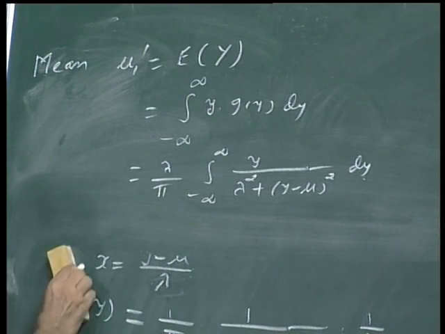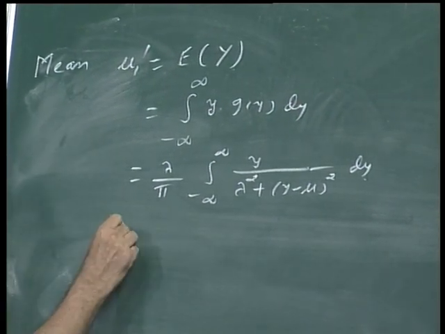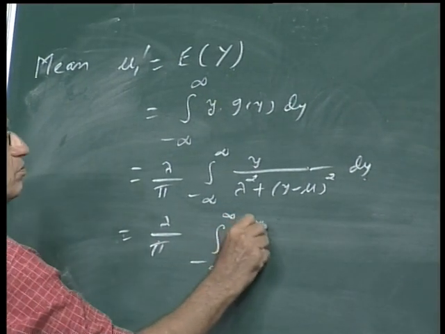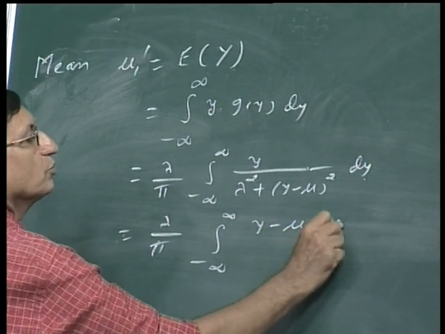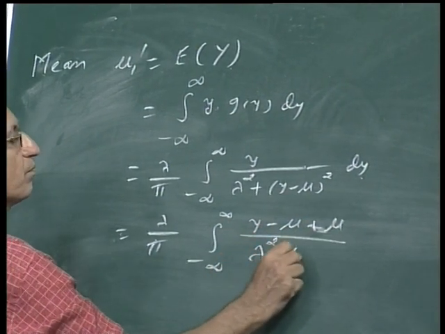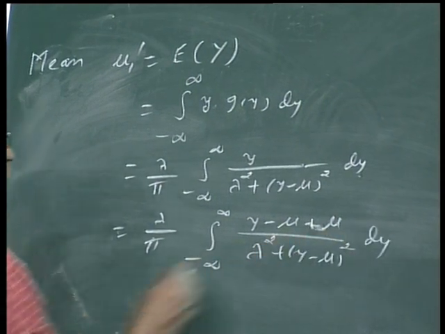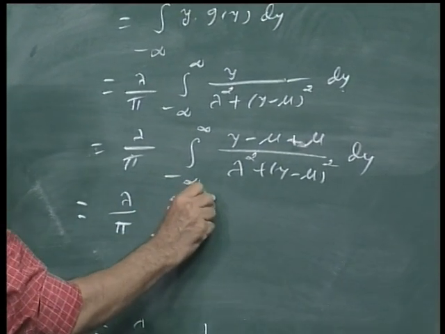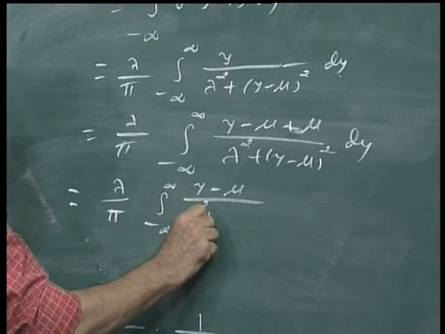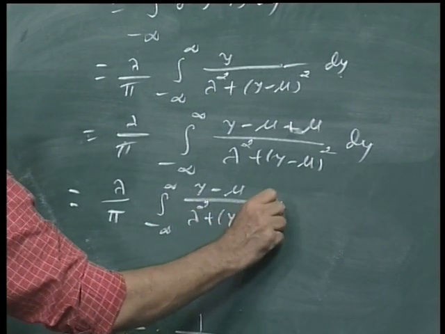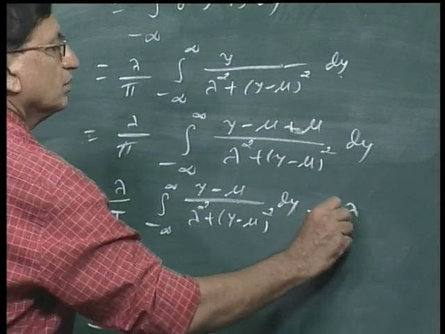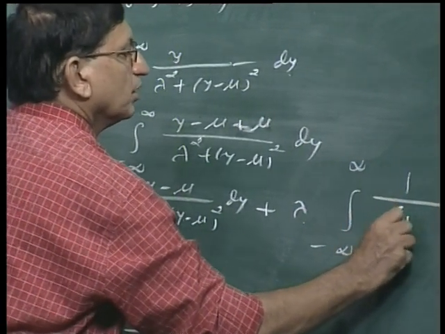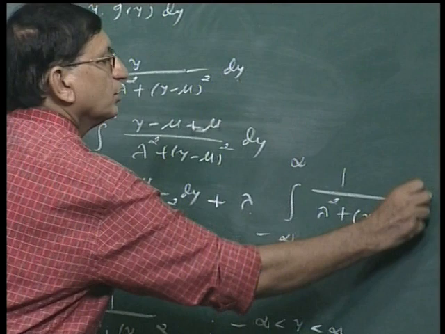dy. To obtain this integral, let us add and subtract mu, so y minus mu plus mu. So this is equal to lambda upon pi into integral (y minus mu) upon lambda square plus (y minus mu) square dy plus lambda into integral from minus infinity to infinity 1 upon lambda square plus (y minus mu) square dy.